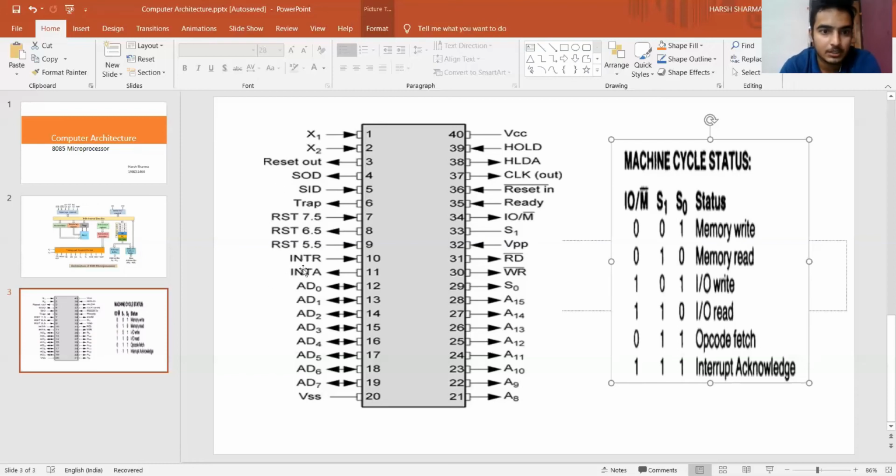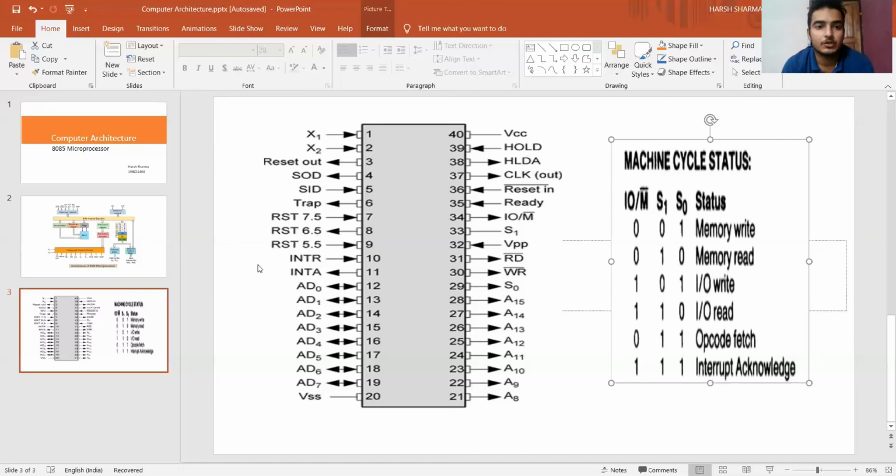Now let us discuss INTR and INTA. There are 5 types of interrupt request controller: TRAP, RST 7.5, RST 6.5, RST 5.5, and INTR.